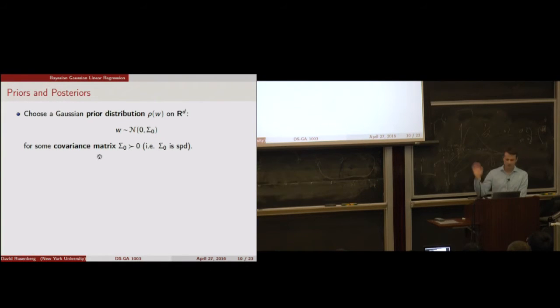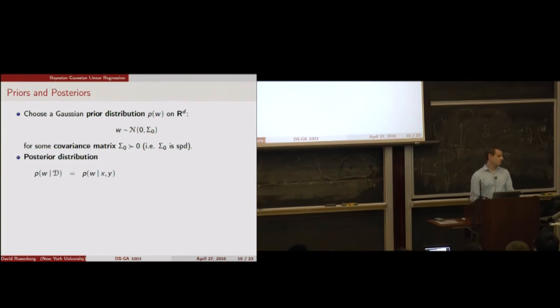For now, it could be arbitrary; we want it to be positive definite. I chose 0 and sigma 0. These are not unknown. They're known. I fixed them. It looks like a variable, but that's a specific matrix. So this is a fixed distribution on W.